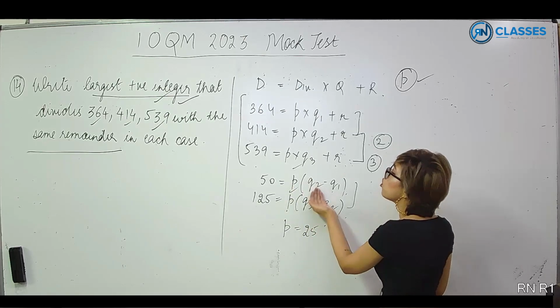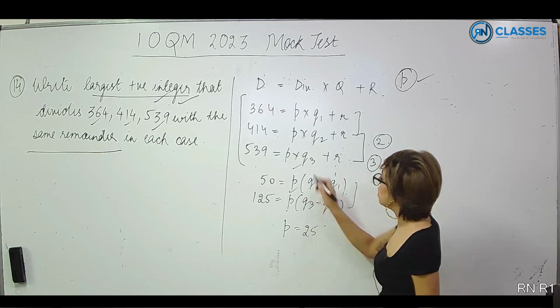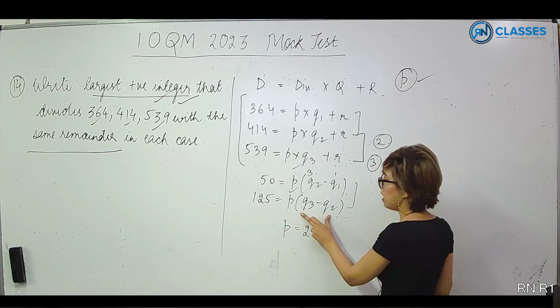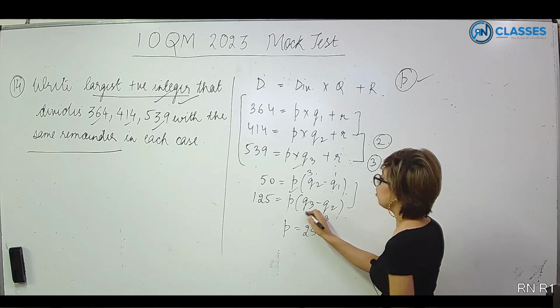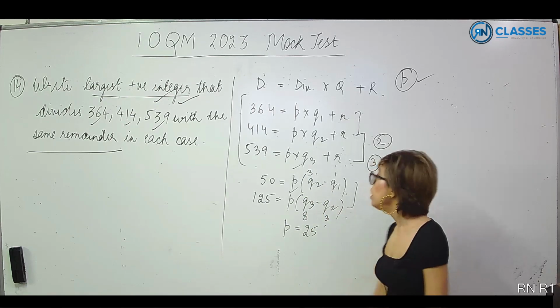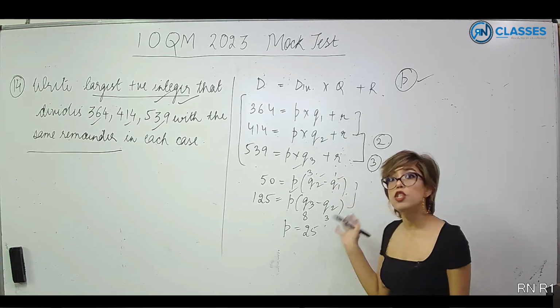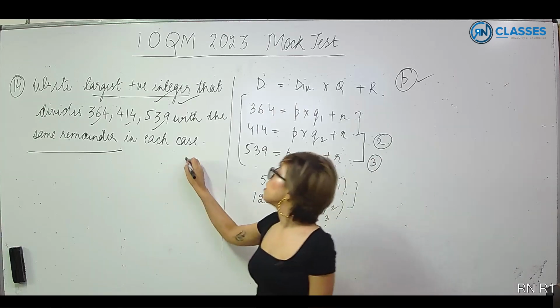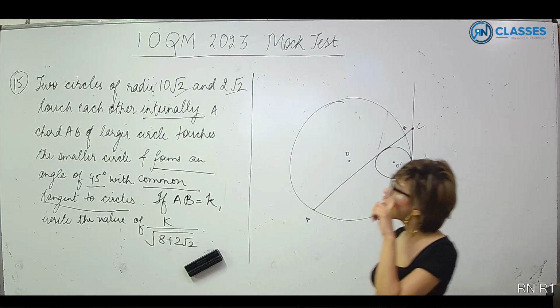Because 25 into 2, right? So I need to write this as 2. So let me take this as 1. Then 25 into 5. So this I need to write as 5. So this is 3. So this I will take it to be 8. If you want, you can substitute the value of Q1, Q2, Q3 in the third equation, verify whether it satisfies or not, or you can just write the answer as 25. Alright, on to the last question.